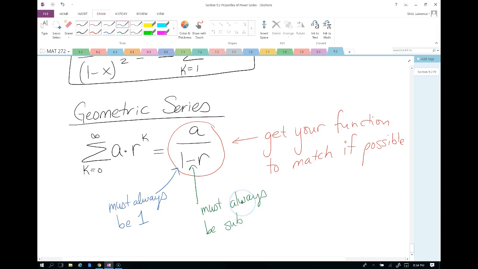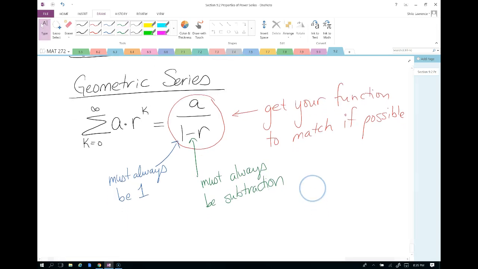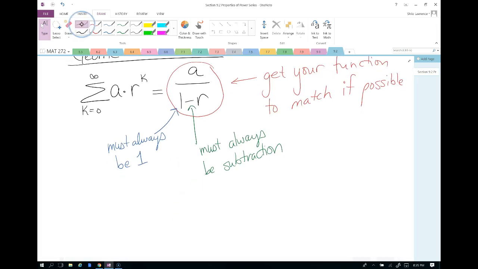But we just saw a minute ago we had an addition, and we were very easily able to fix that and say minus a negative. So if you're working with a rational function and there is any way possible to get it to match a over 1 minus r, that would be the fastest way to create a series for that function.